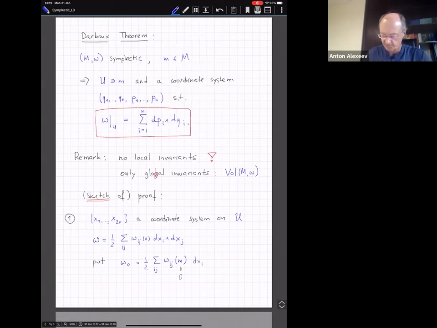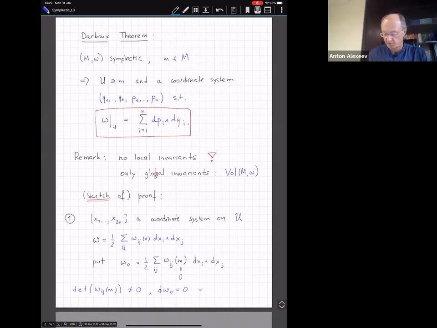So dxi, dxj. So clearly omega 0 is closed, right? And it's not degenerate because omega ij at every point is non-degenerate, in particular at M. Let's say the determinant of omega ij at M is non-zero. d omega 0 is clearly 0.